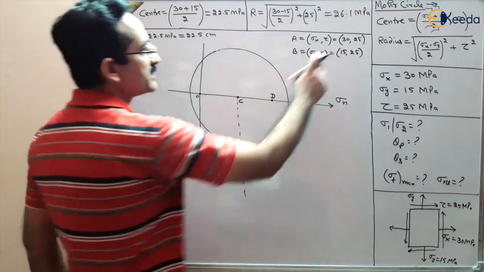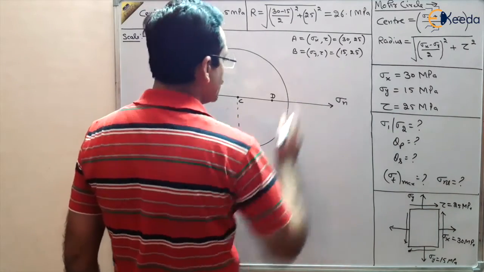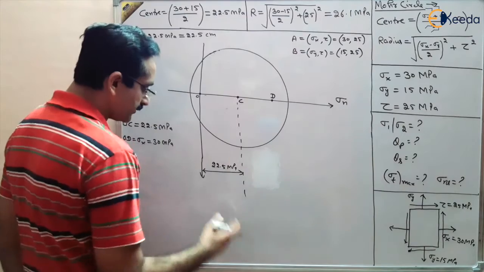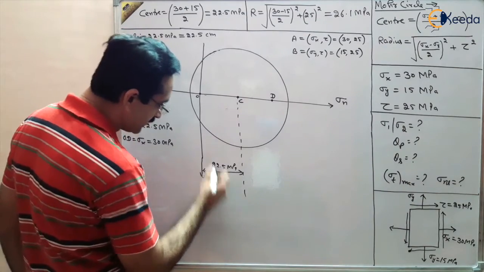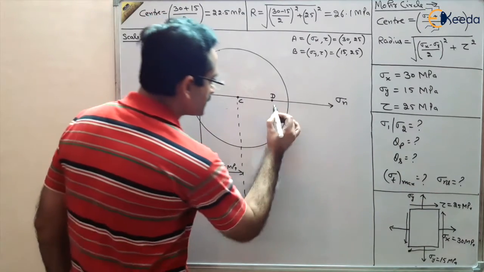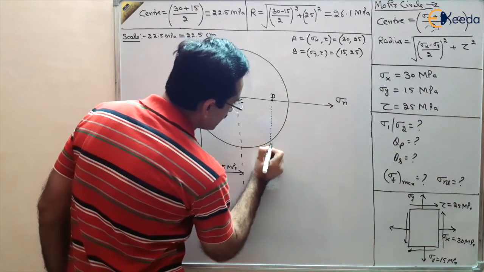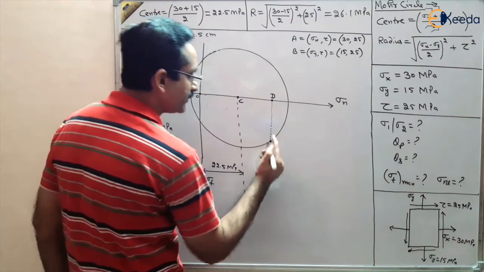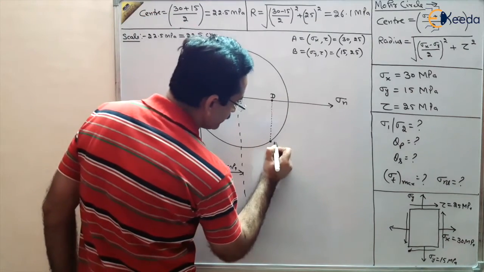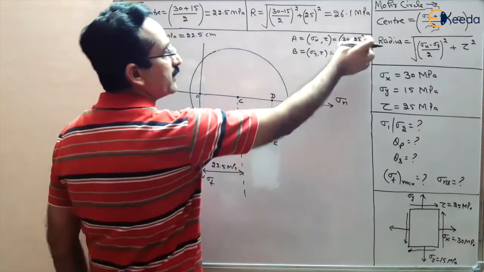Now the shear stress at this point is 25. We are taking positive in the downward direction, so shear stress is positive in the downward direction. So drop a vertical till you get the circumference of the circle, and this is the shear stress, 25 megapascal.